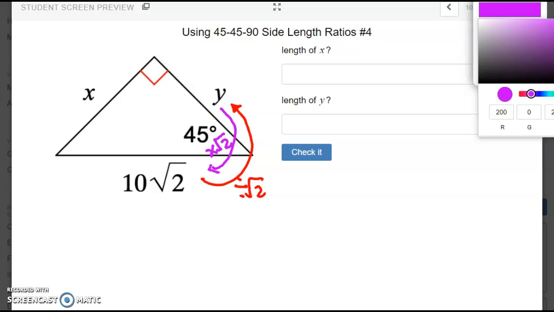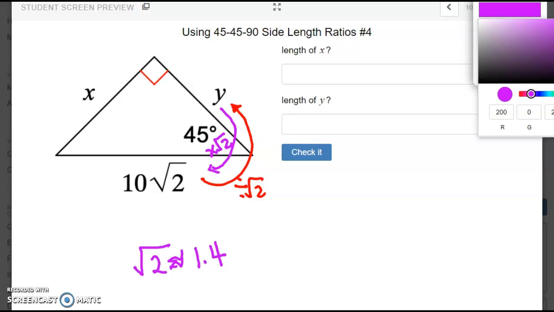Okay, and perhaps you're thinking, oh, what is root 2? Well, root 2 is actually a good number that you might want to remember. You are multiplying by approximately 1.4. So you know that this is going to be something bigger by a factor of about 1.4.